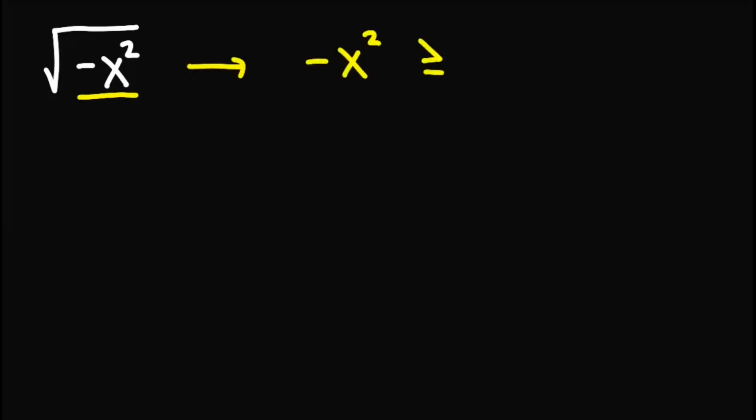Let's have this third example: the square root of negative x squared. Since we have an even index again, we know that the expression inside must be greater than or equal to 0. However, if we inspect intuitively, note that x squared is always positive. X squared cannot be negative.